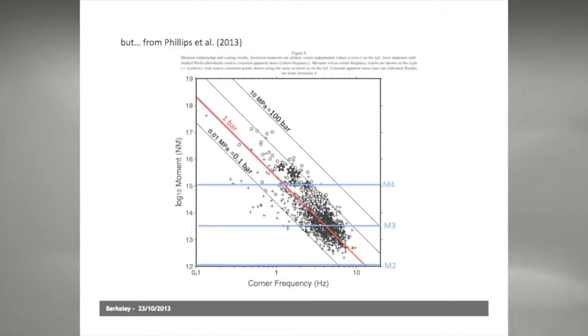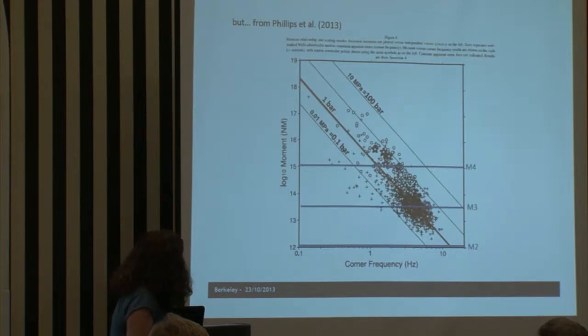One other problem was we bumped into the Phillips paper that Gavin showed yesterday. And they use data from the same array, so from the TA. And most of their data plots here, so that's between 0.1 and 10 bars. So actually the center of the data for small magnitudes, so beneath 4 or 3, is around 1 bar.